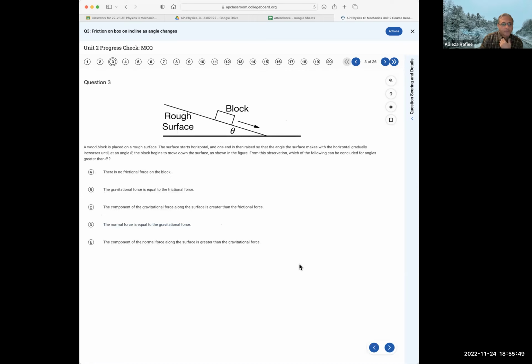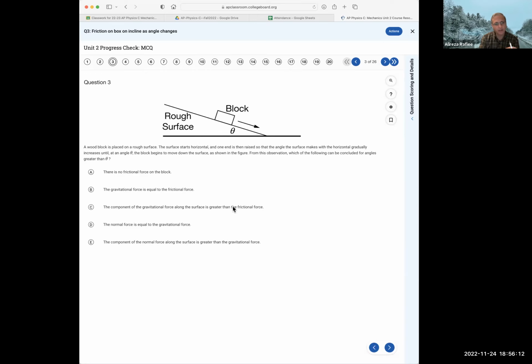Let's just do another one. What is this? You have a wooden block placed on a rough surface. The surface starts horizontal and one end is then raised so that the angle of the surface with the horizontal gradually increases until it's theta.